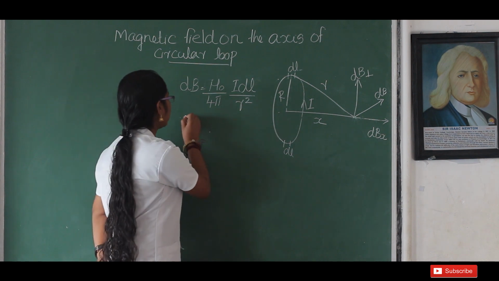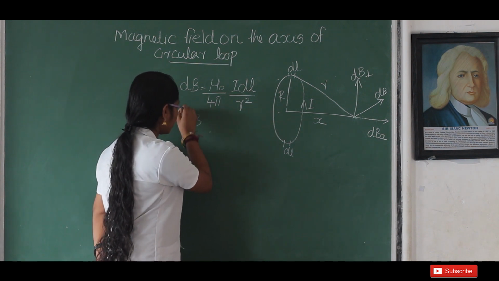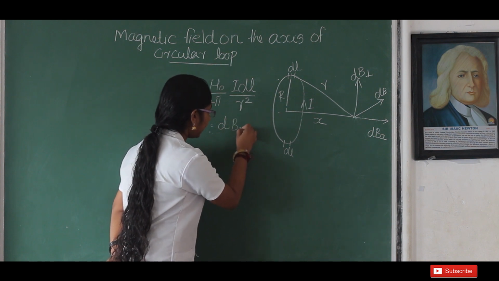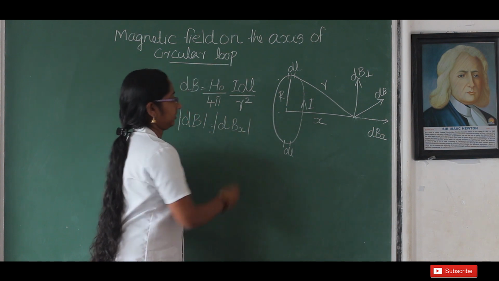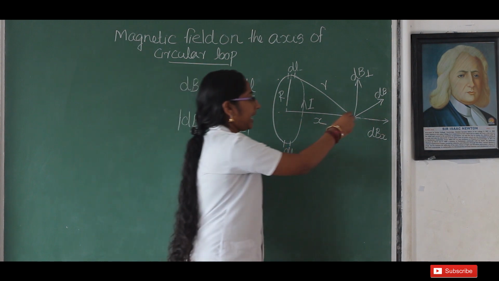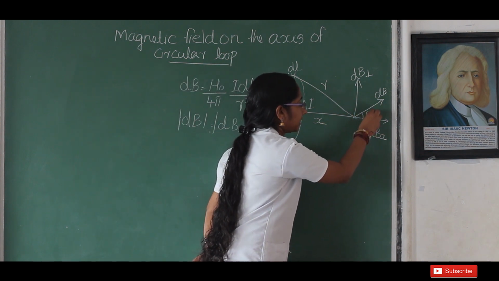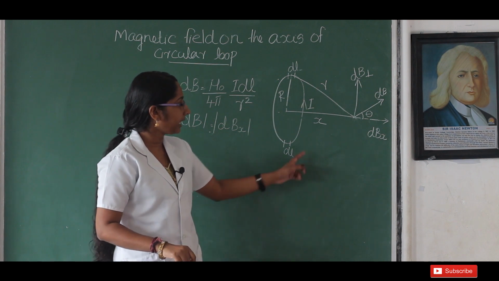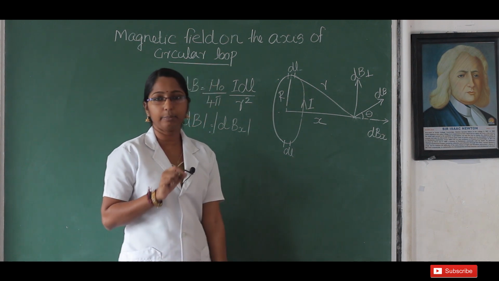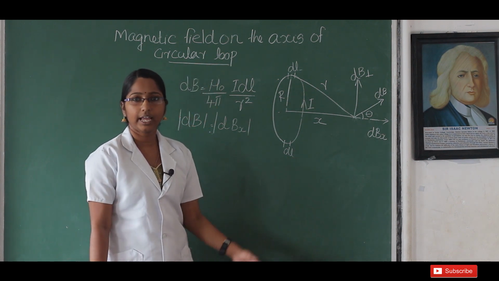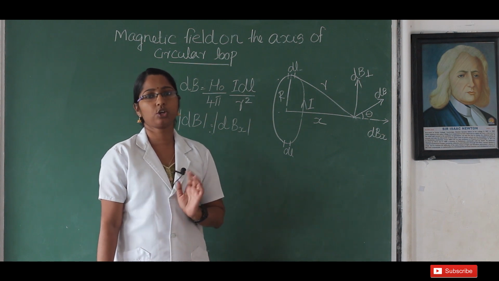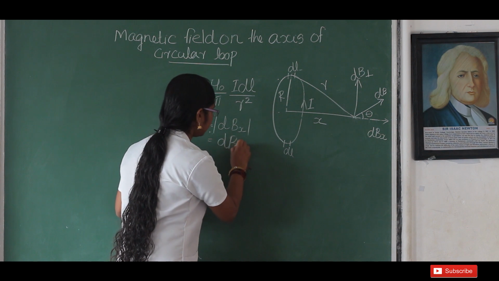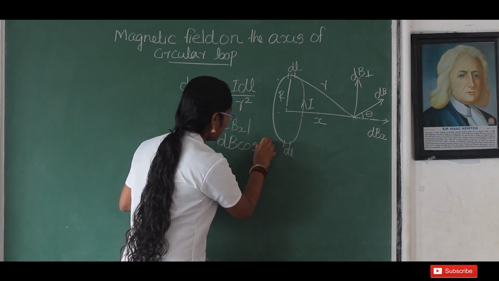So we can write the magnitude of dB equal to the magnitude of dBx. And we can take this angle as theta. And we know dBx is dB cos theta, isn't it? Along the x-axis it is cos theta. Then it is equal to dB cos theta.